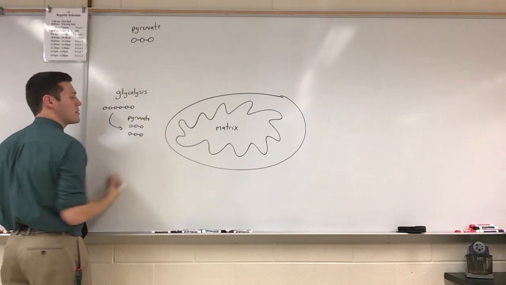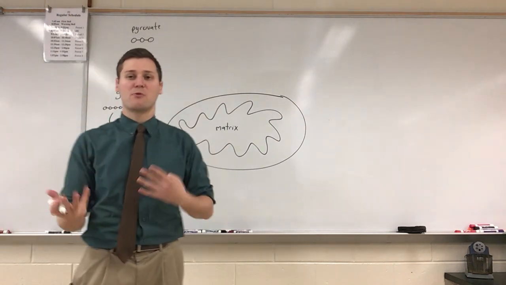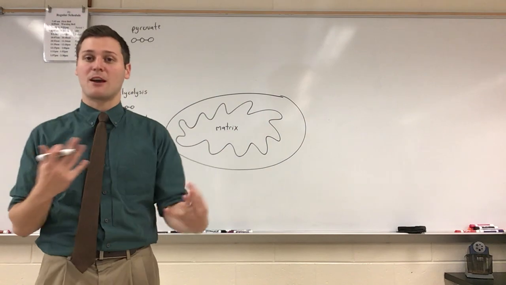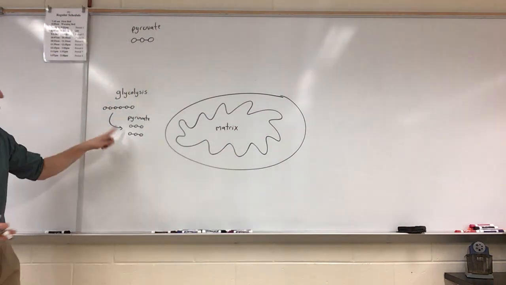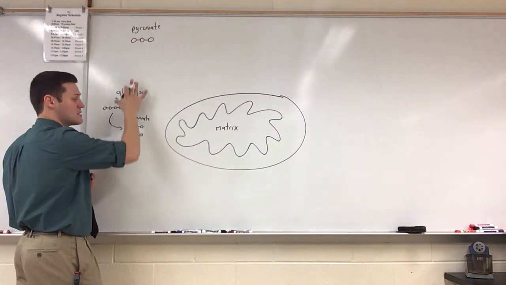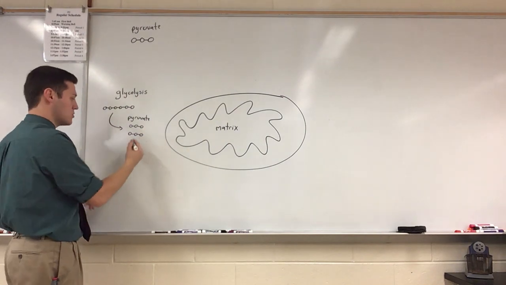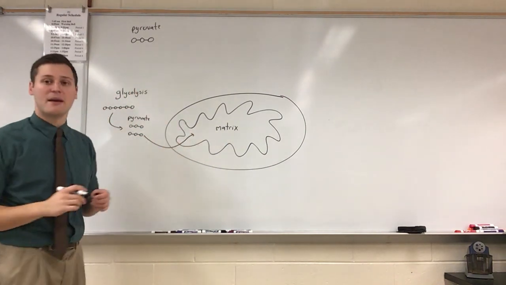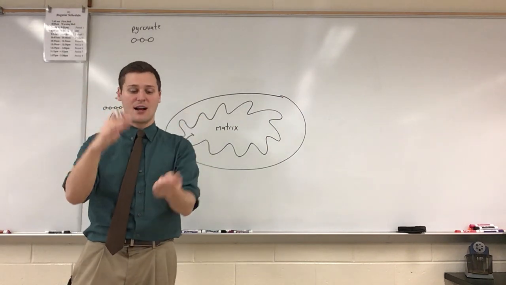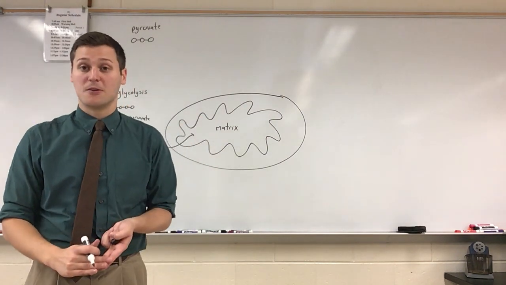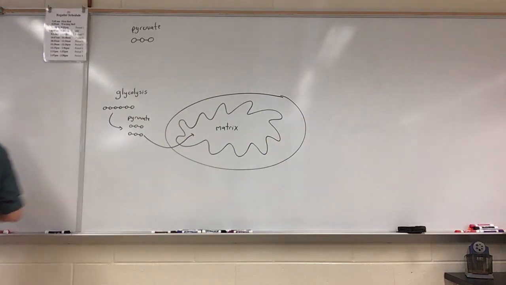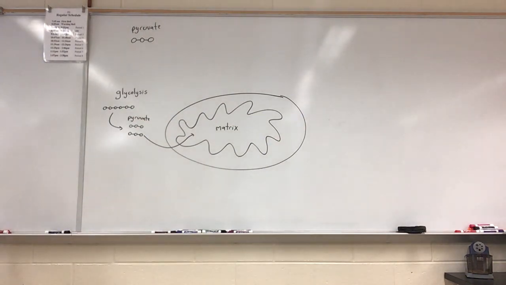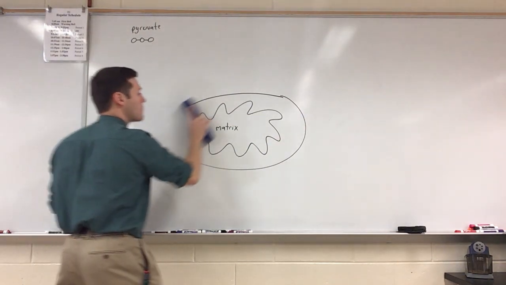For our purpose, pyruvate and pyruvic acid are going to be treated as the same thing. Once it has been generated, this pyruvate will enter the matrix to enter pyruvate oxidation, as well as the Krebs cycle. So that is just a big picture look at the Krebs cycle. Now let's talk about the details.